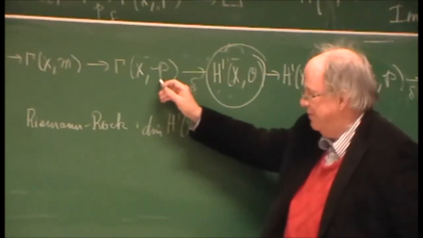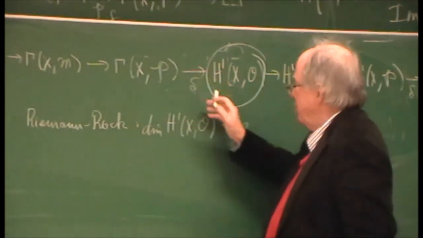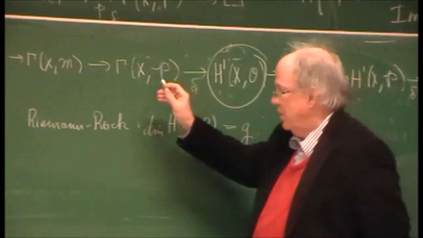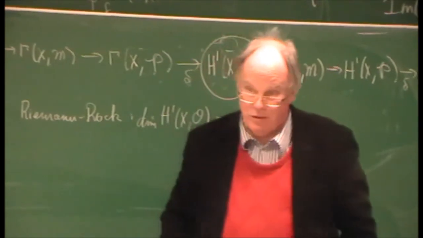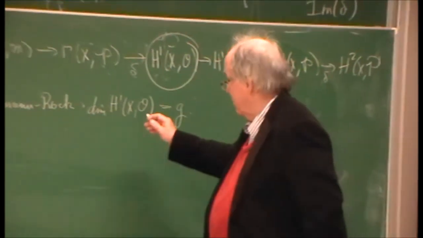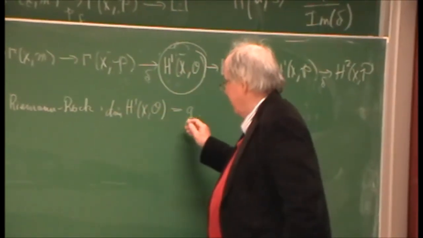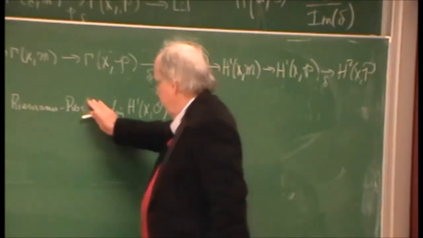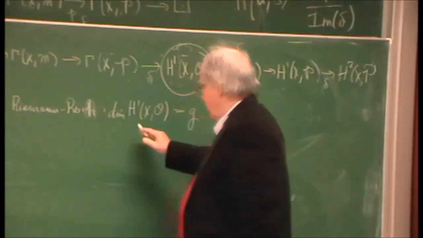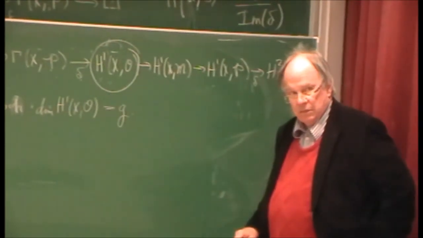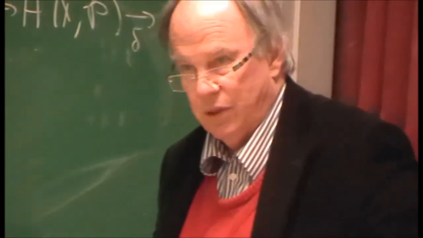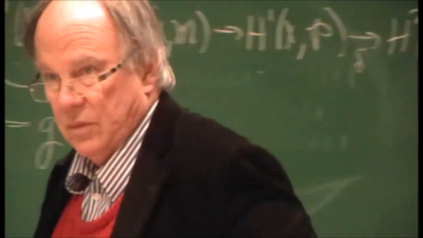And so that says somehow that, except for a g-dimensional space, all of these problems are solvable. That's an interesting remark. Just the finiteness. These are finite dimensional, and in fact, by the Riemann-Roch theorem, we will see that this is g-dimensional. Okay, so I think I should stop. That's way too much, but I wanted to give you some outlook.